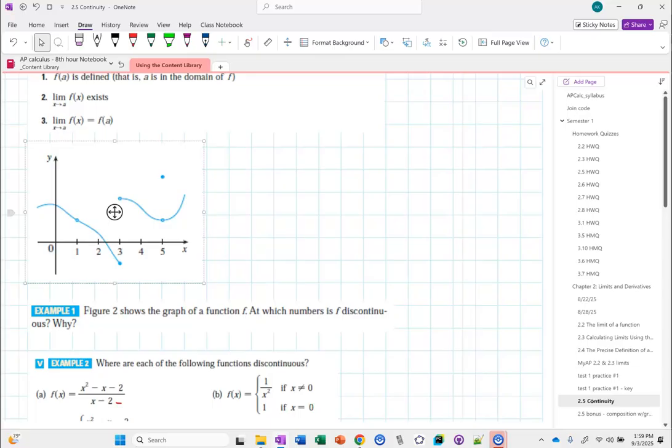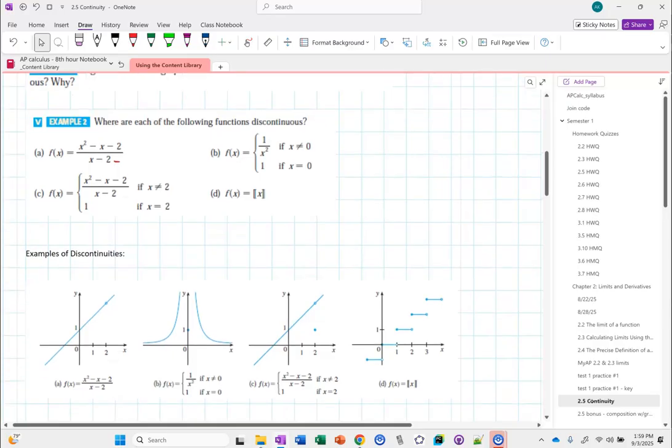So there are 3 ways this can fail. It can fail because f of a is undefined. It can fail because the limit doesn't exist. Or it can fail because the limit is not equal to the function value. Does that feel okay? So those are the 3 ways it'll fail. So far, so good?